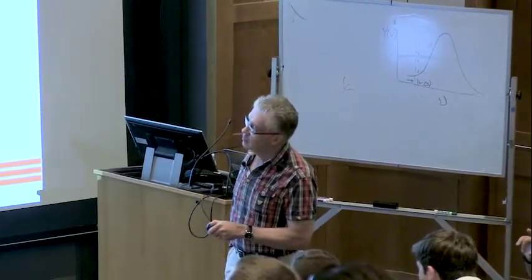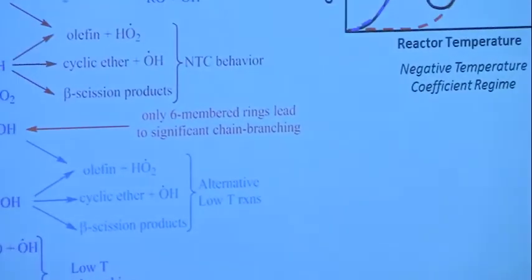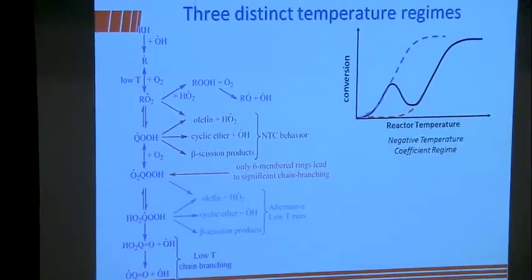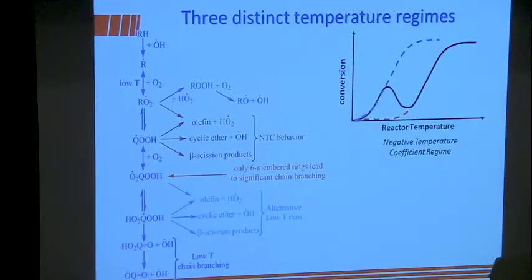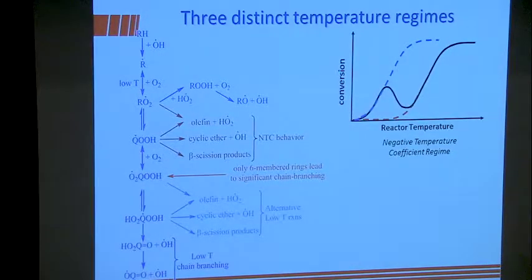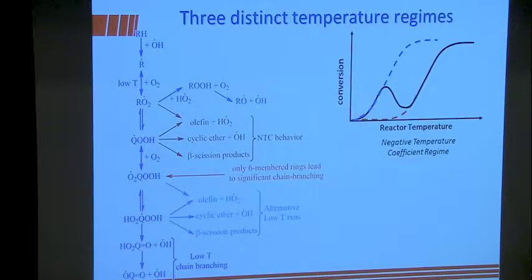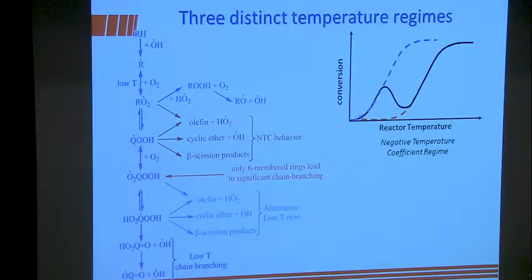Or the alkyl peroxy radical can go on to form a hydroperoxy alkyl radical, which is an internal H atom isomerization. And what happens here is really critical, in my opinion. If these species, the hydroperoxy alkyl radicals, add to molecular oxygen, they go on essentially to chain branching.